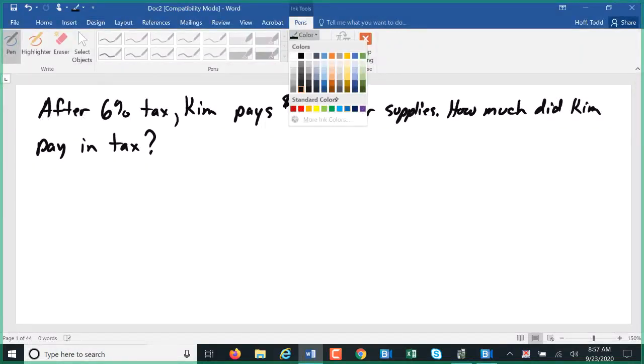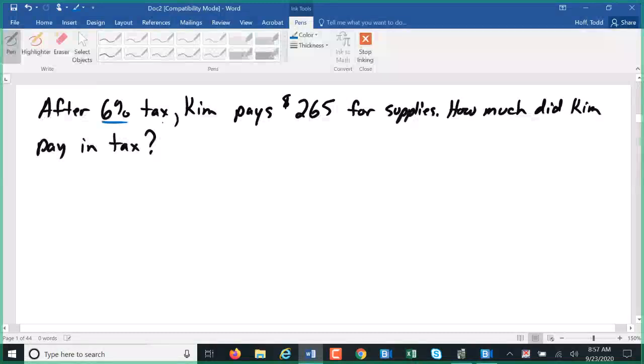The common mistake here is to find 6% of the 265. Doesn't work that way. The 6% did not come from the 265. It came from that base amount, the starting amount, the price before tax. Then we added the tax to that to get the amount paid.